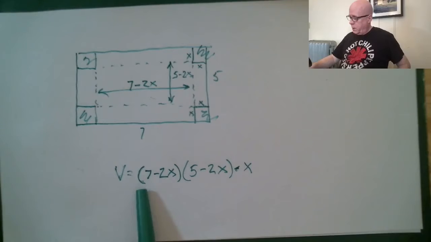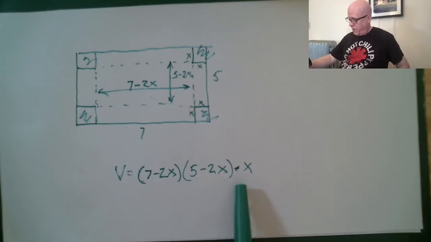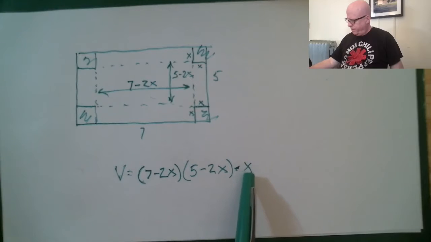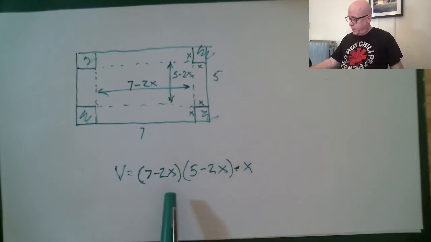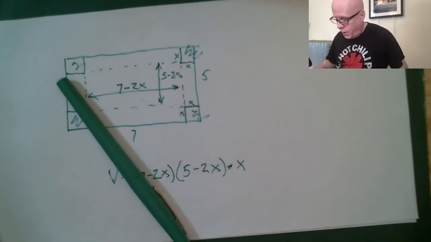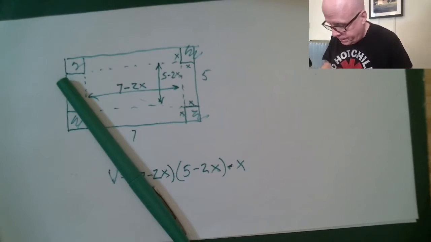You can look at this from the 1,000-yard view: it's going to be a cubic, with the coefficient of x cubed being 4, because all the terms that involve x have a minus 2, a minus 2, and an x. So let's turn to GeoGebra and expand that so we don't have to do it by hand.